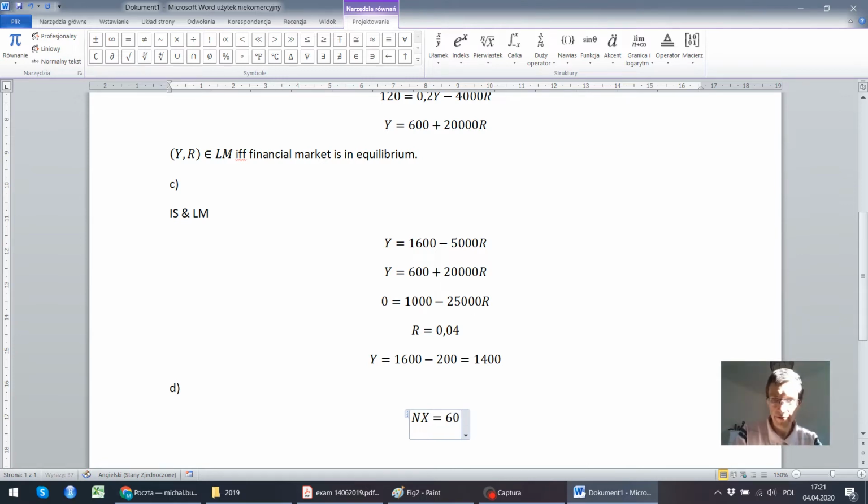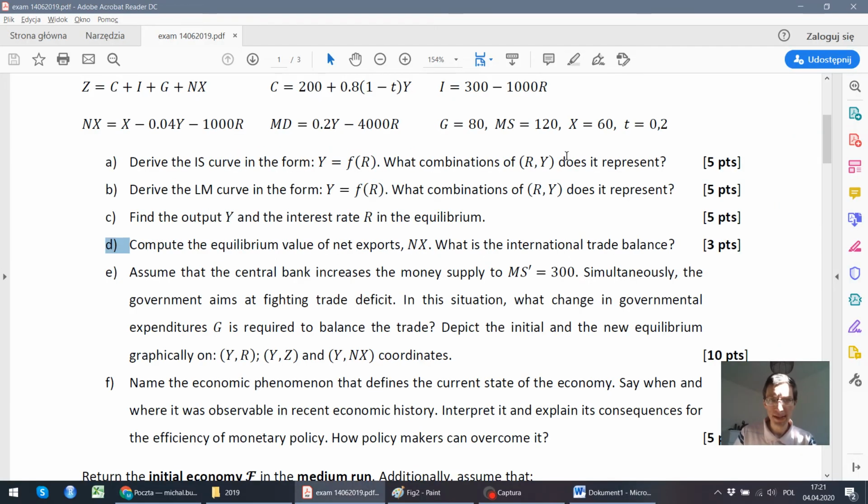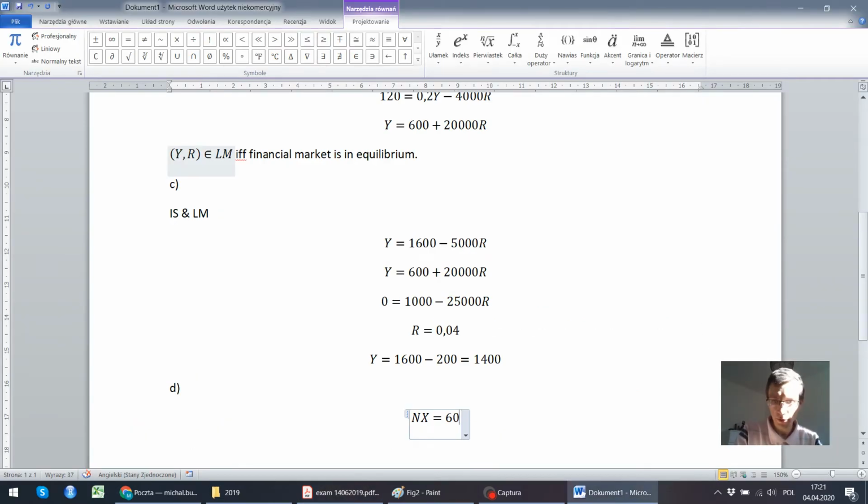Yeah, so we have the definition of net exports equal to 60 minus 0.004 y, and y in the equilibrium is 1400, minus 4000 times r. In our case, it's 0.04.